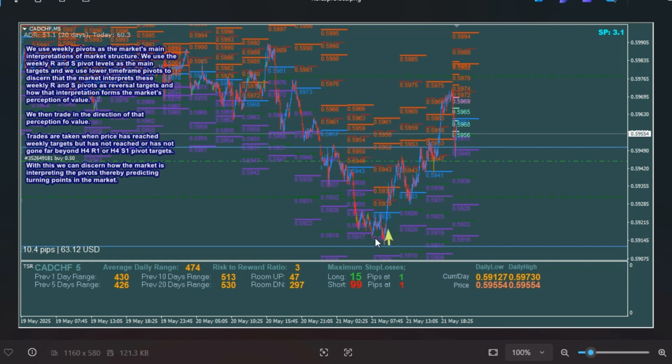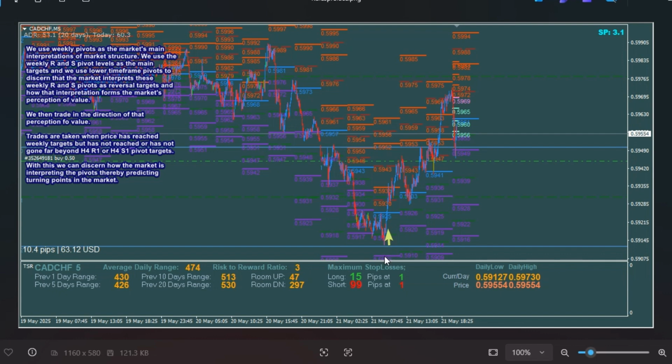But the market failed to even reach the H4 S1. Why? It's because the market is not interpreting the H4 S1 as a target. The market is not interpreting the H4 S1 as value. The market is perceiving value to be a price at higher prices, and they are not perceiving value to be a price at lower prices, which is where the H4 S1 target is.